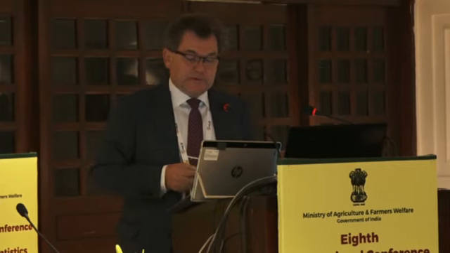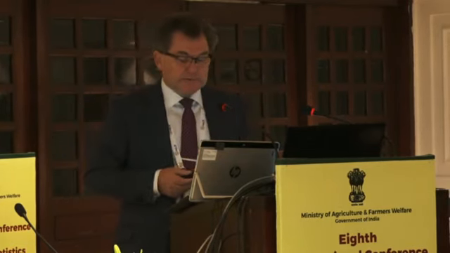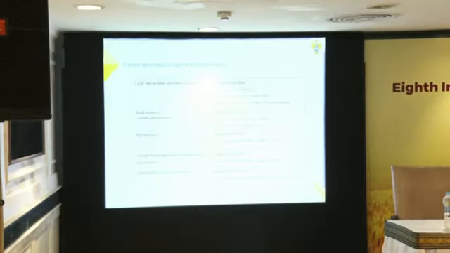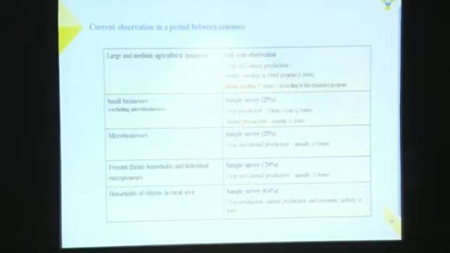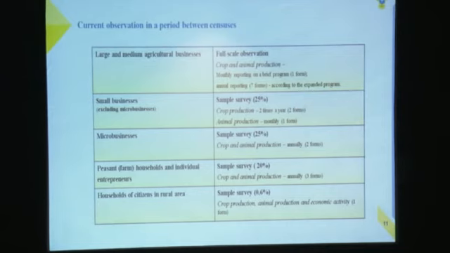For farmers and individual entrepreneurs, 20%. For private subsidiary households, 23 million. Now 0.6, and until recently it was only 0.2%.